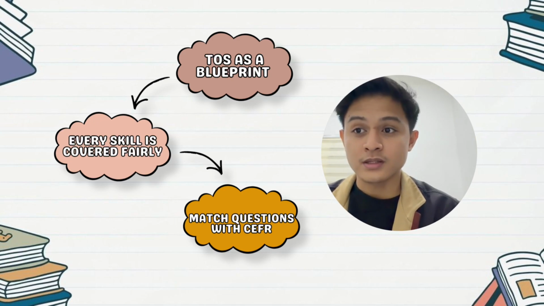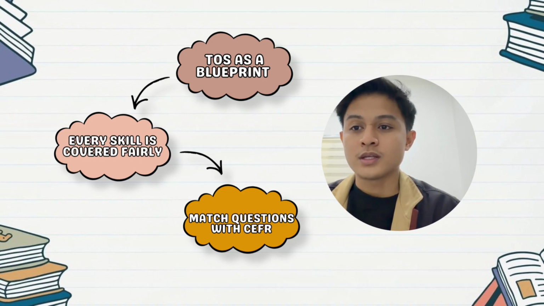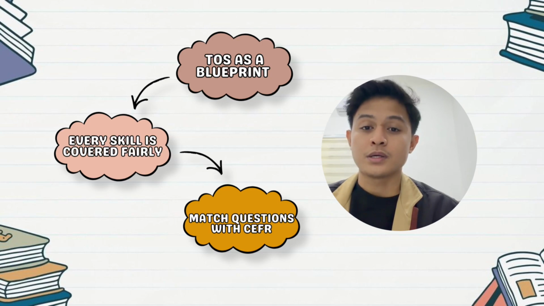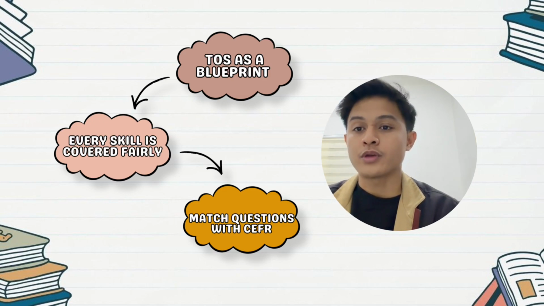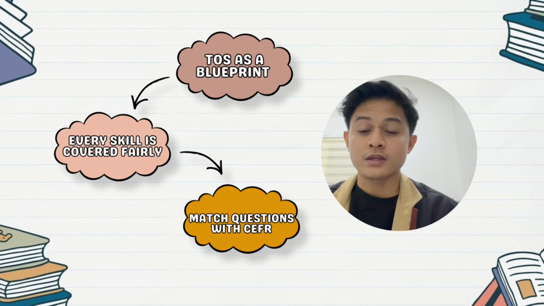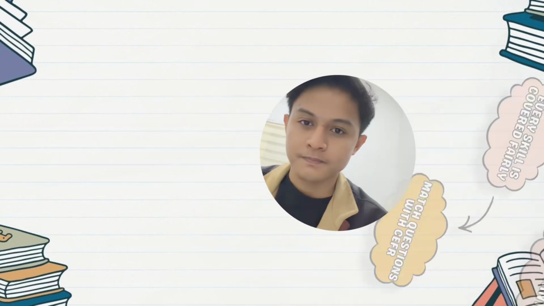When applying this method, we could check if the test matched the CEFR level, and whether it really included appropriate difficulties for the targeted learners. So overall, it changed how we approach the assessment itself, from guessing what works to planning carefully and intentionally.